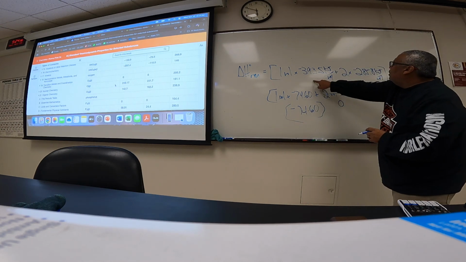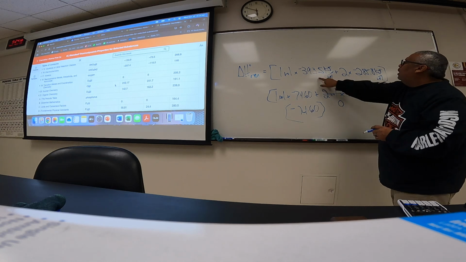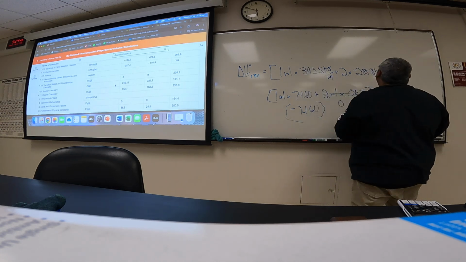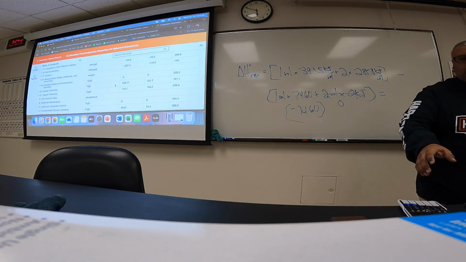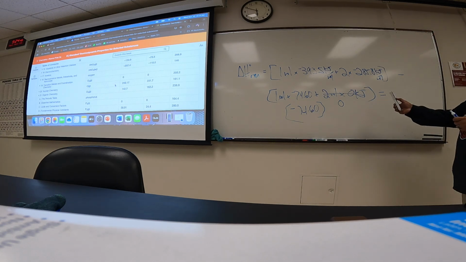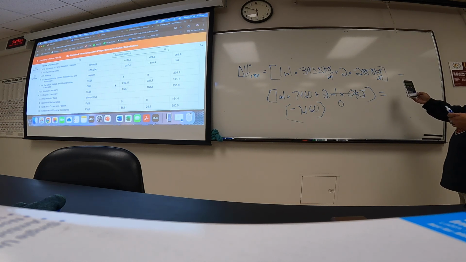So what is our answer to this? This is 1, this is 2, so let's see if we can calculate that. I'll try and calculate this with you real quick. We're going to have a negative 393.5 plus 2 times negative 285.8. I put brackets here, so please use brackets, minus a negative 74.6.